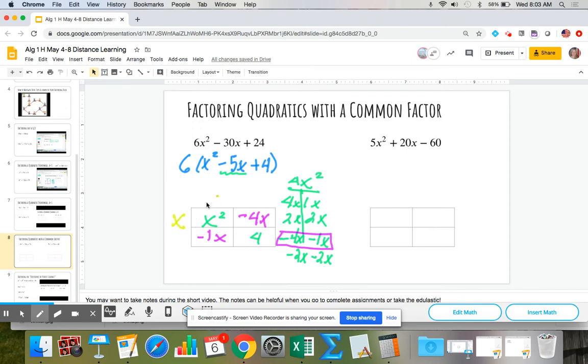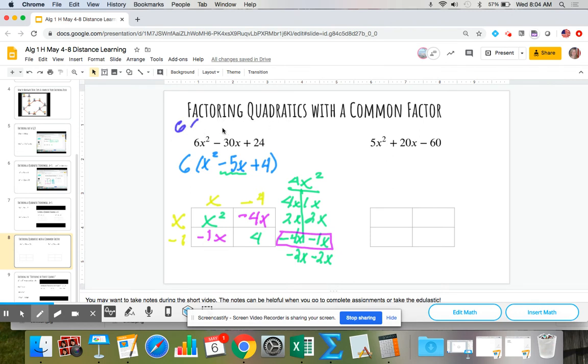So x times x is x squared. X times negative 4 is negative 4x. X times negative 1 is negative 1x, and then just to check, negative 1 times negative 4 is positive 4. So I've factored my quadratic trinomial, and then what I want is just the final answer of this entire original quadratic trinomial.